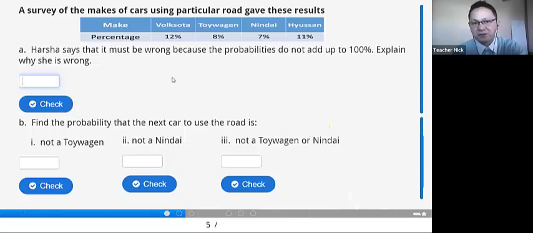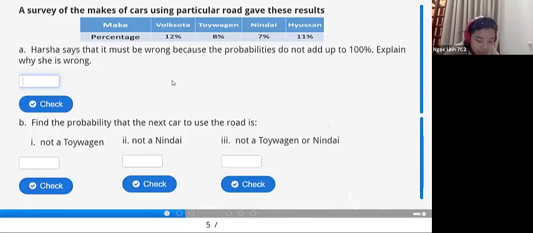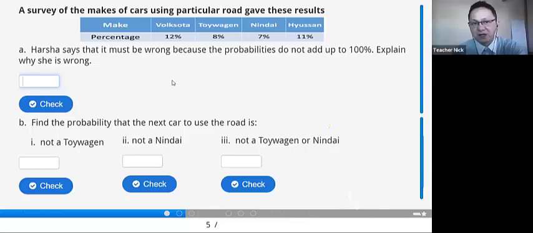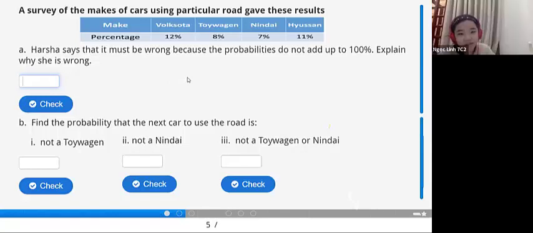Because when you add 12 plus 8 plus 7 plus 11, it's only how many percent? 38. 38 only.